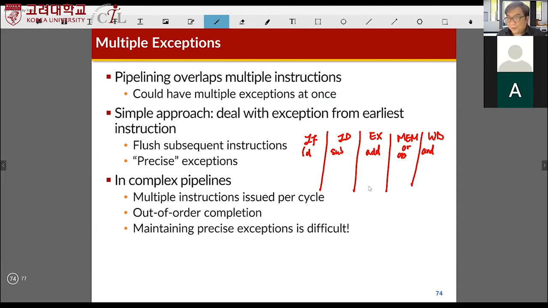So let us assume that an exception happens in the EX stage. Also, an exception happens in the ID stage. So multiple exceptions happened. So how can we handle these multiple exceptions?